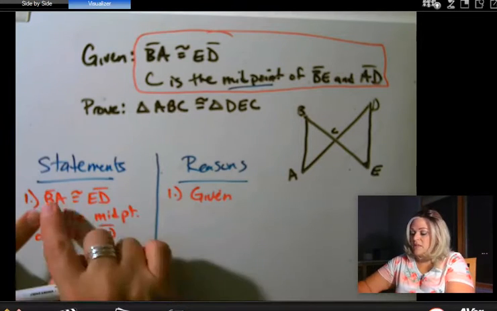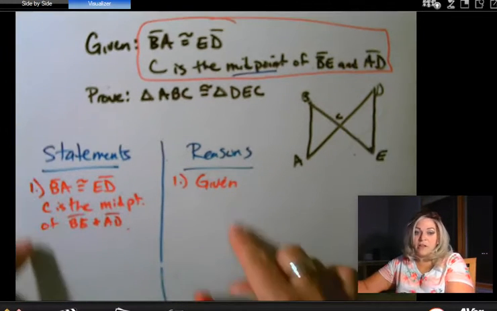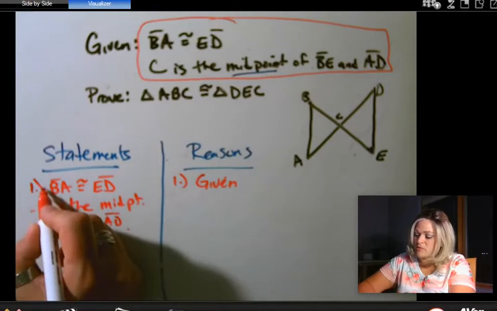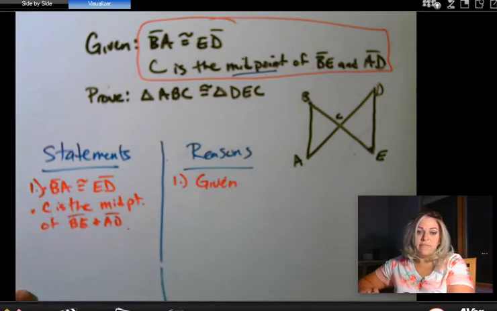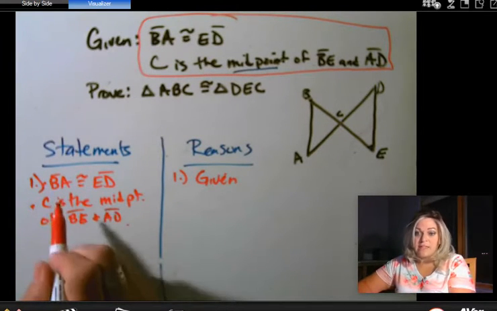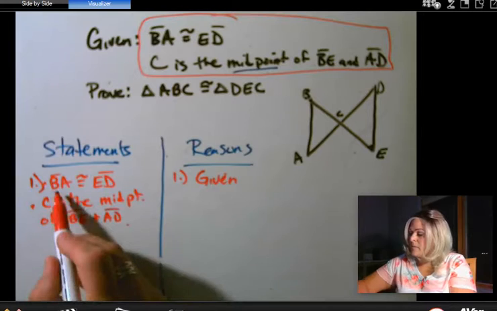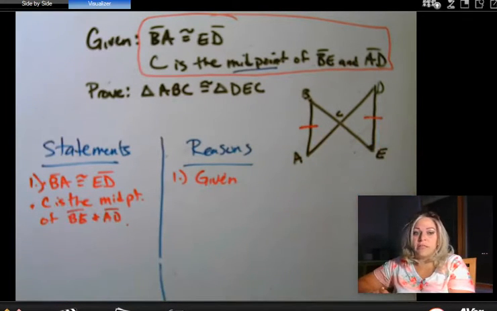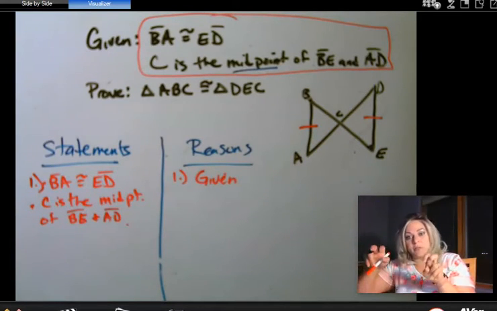Like I could say this first given here, and then later on in the proof, the second part of the given. I'm just putting it all together. So I've got these two points of the given. Okay, now, I look at this. I need to label the visual. I need to actually see it. So BA is congruent to ED. Those are congruent. And then this given actually is telling you something you're supposed to know.